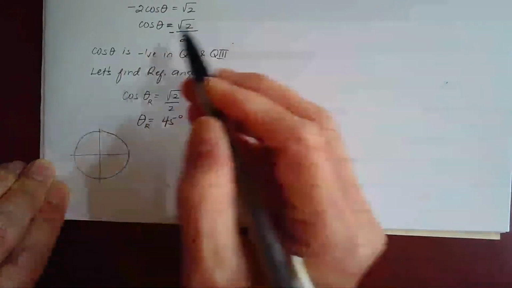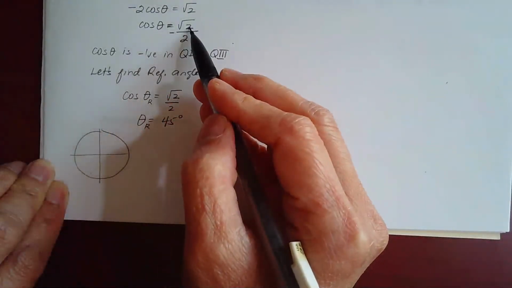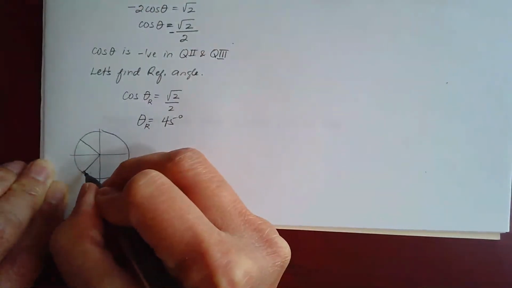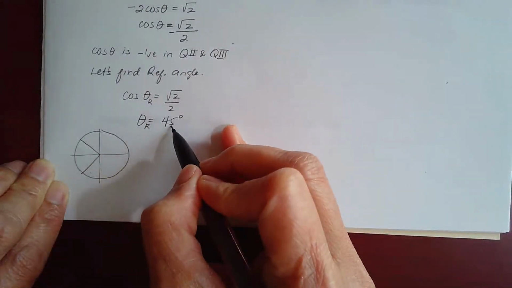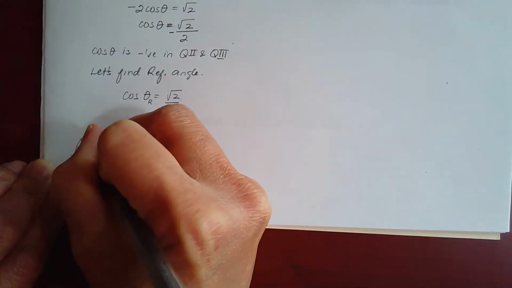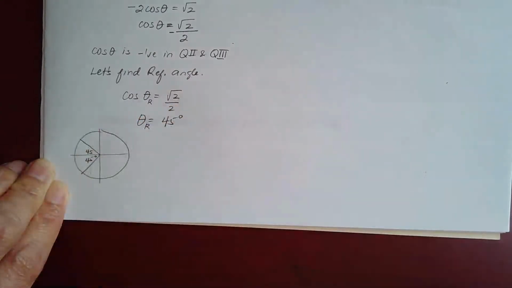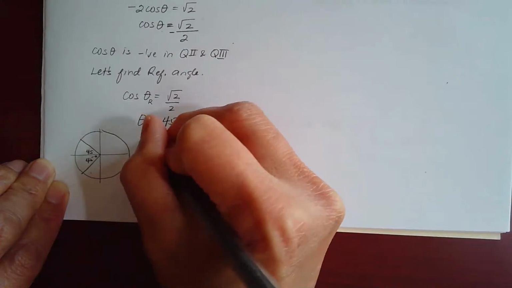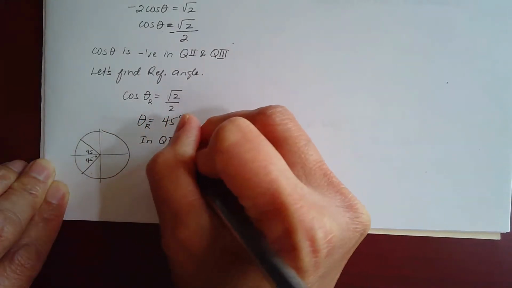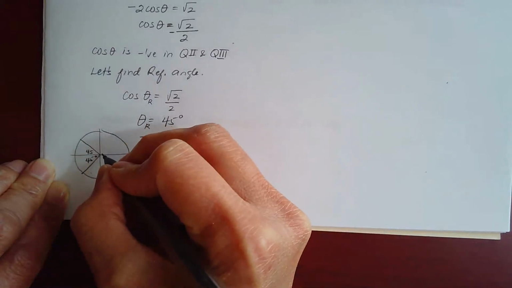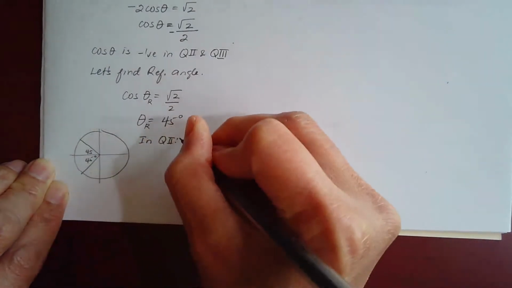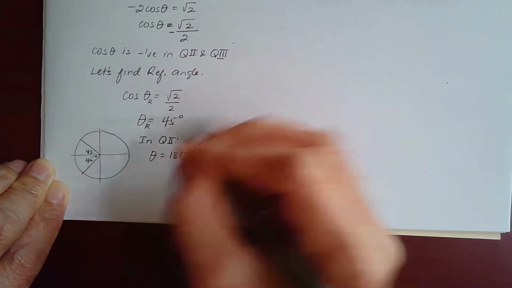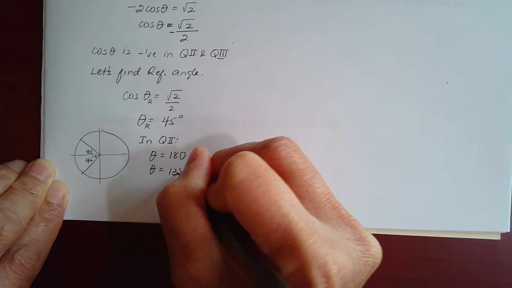So we know cos of theta is negative root 2 over 2, so it's going to be in quadrant 2 and quadrant 3. We figured out the reference angle of 45 degrees. So in quadrant 2, theta is equal to 180 minus 45, so theta is equal to 135 degrees.